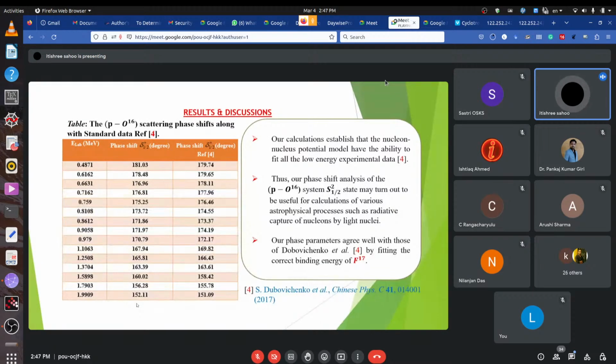We can see that for E lab starting from 0.4 to 2 MeV, the calculated phase shift almost agrees with the experimental data. So our calculations establish that the nuclear potential model has the ability to fit the low energy experimental data.